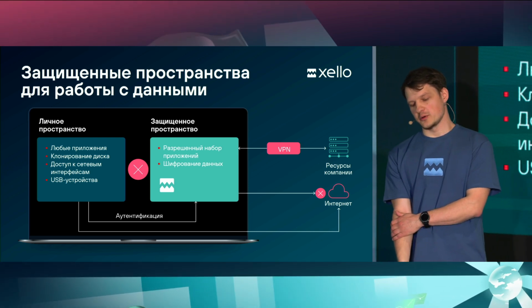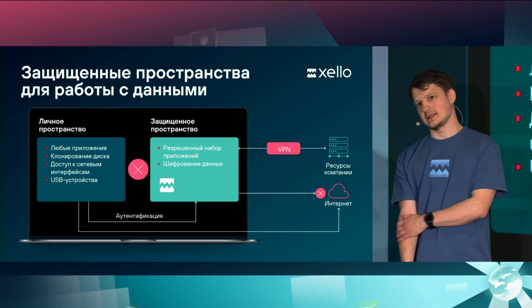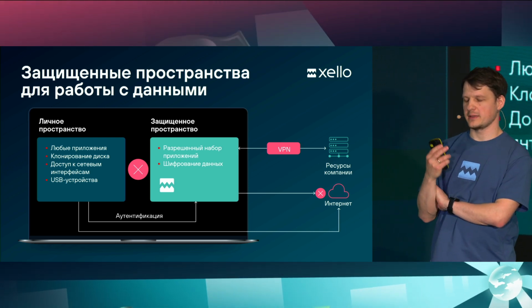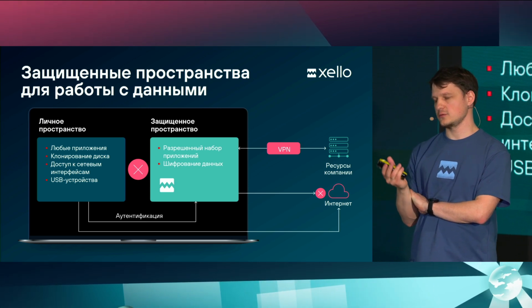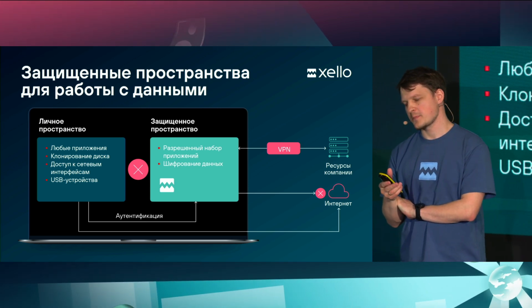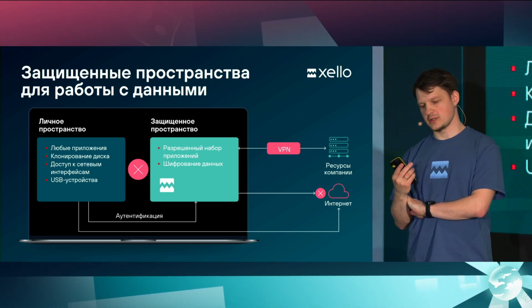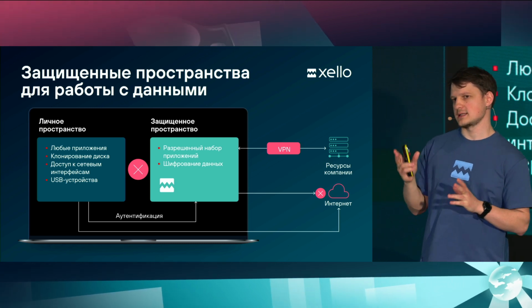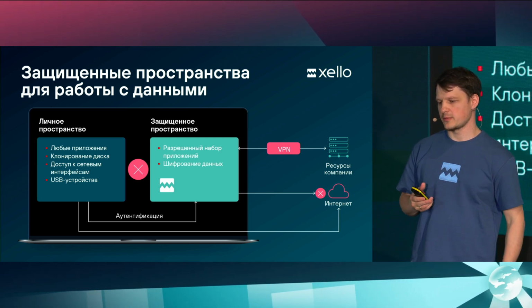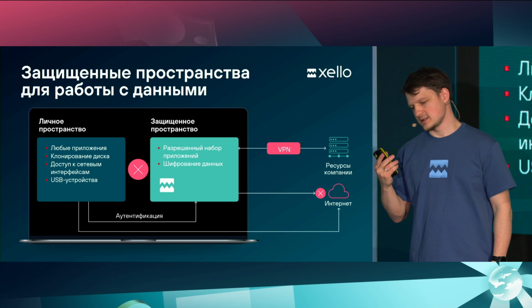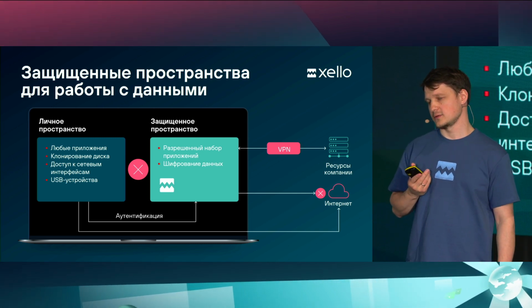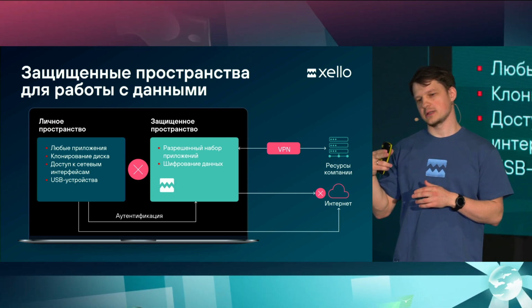So what do we offer? On the user device we install our agent, and after a two-factor authentication in our agent, it launches a protected environment which is separate from the operational system.